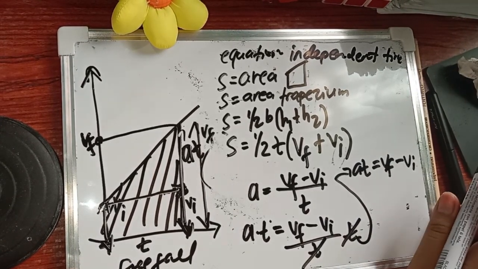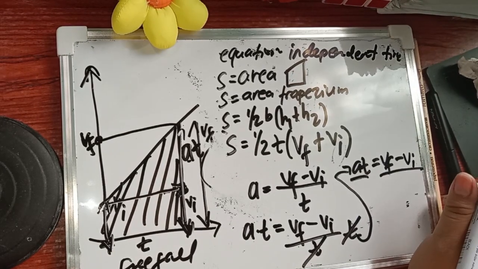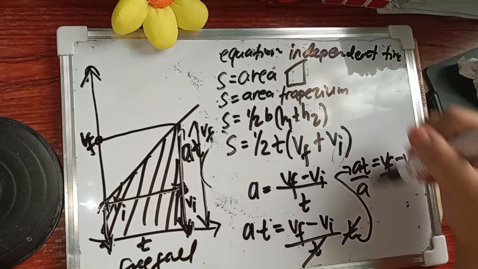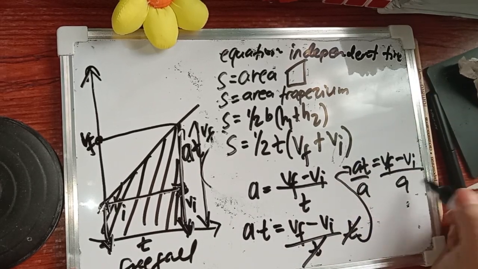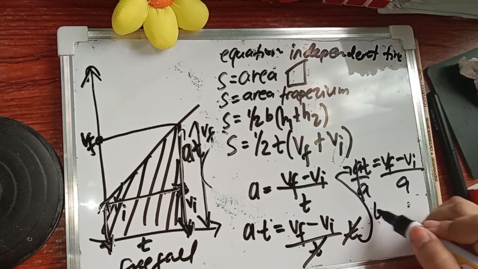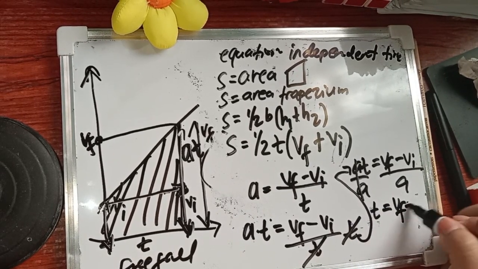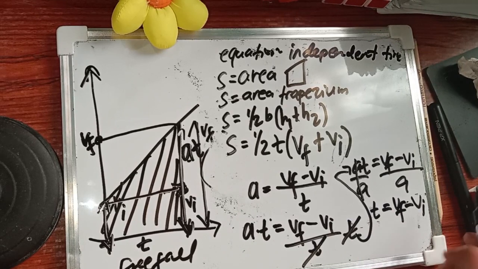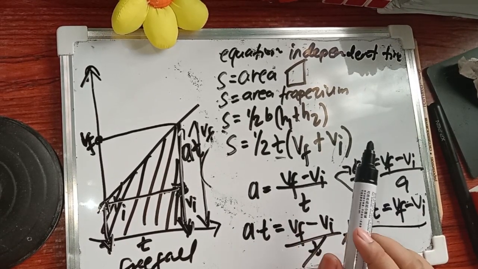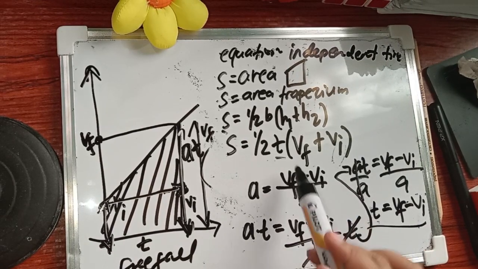And then what we need is just the value for time. So we need to divide both sides by a so that we can eliminate the acceleration and obtain the equation for time. So cancel, you are left now with t equals v sub f minus v sub i over a. This is the value that must be substituted for the t here so that we can eliminate the t value in this equation.